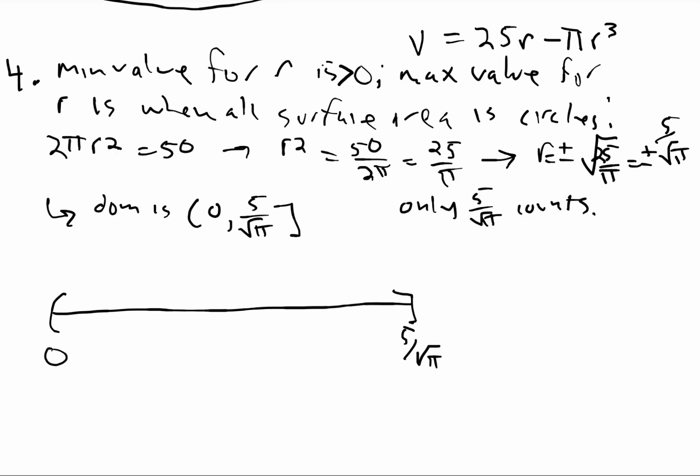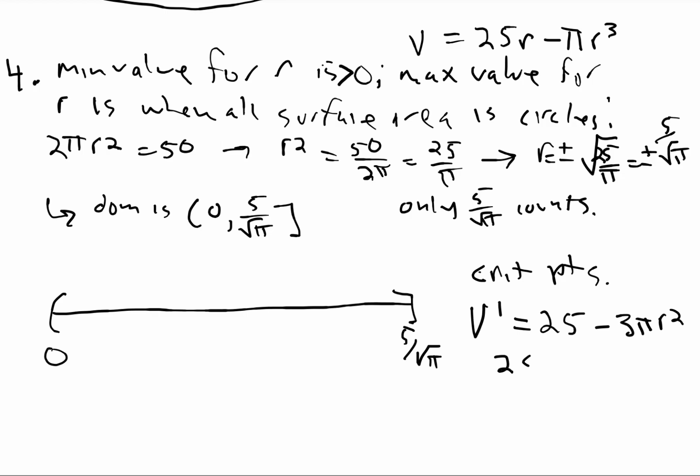So let's get on finding my critical points. For finding my critical points, my v prime, I'm referring to this function up here, that was my v. My v prime is going to be 25 minus 3 times pi times r squared.